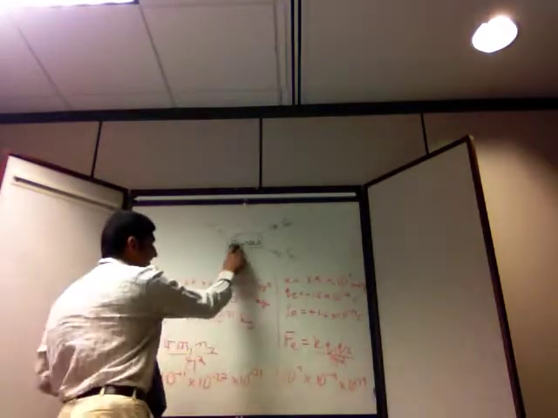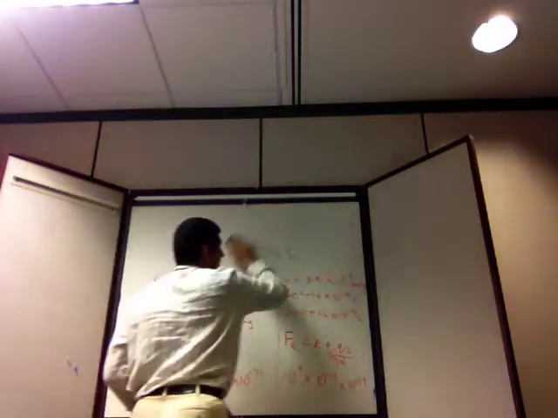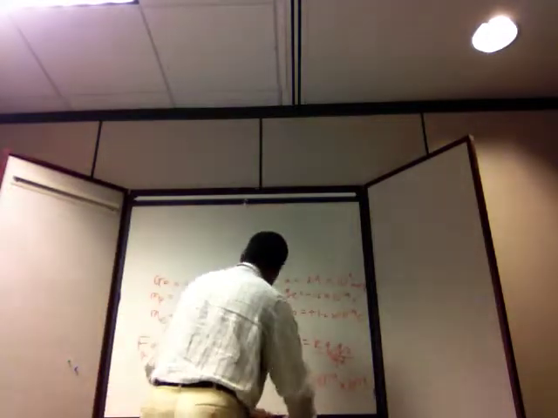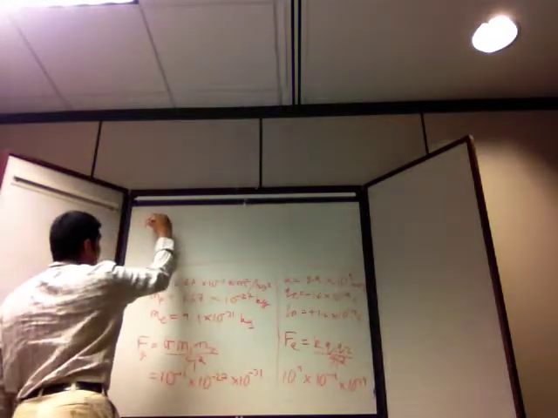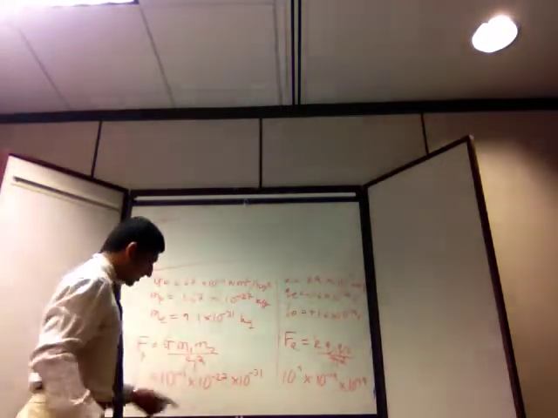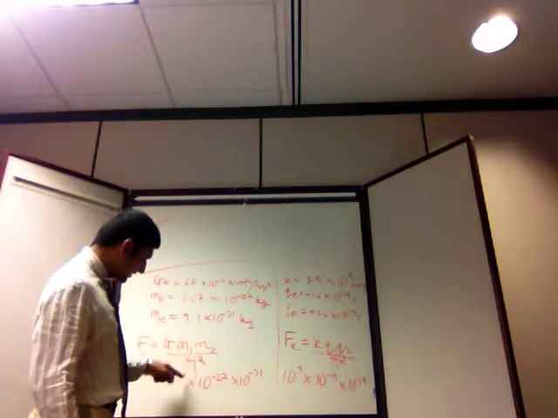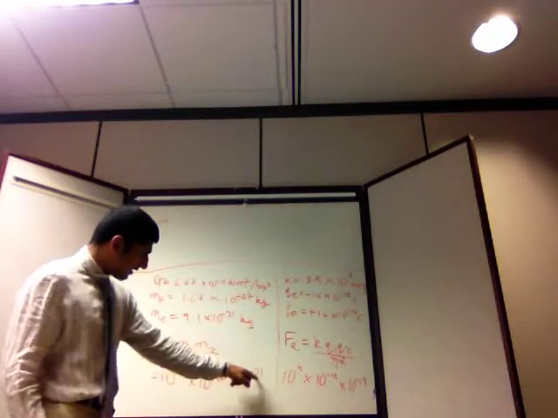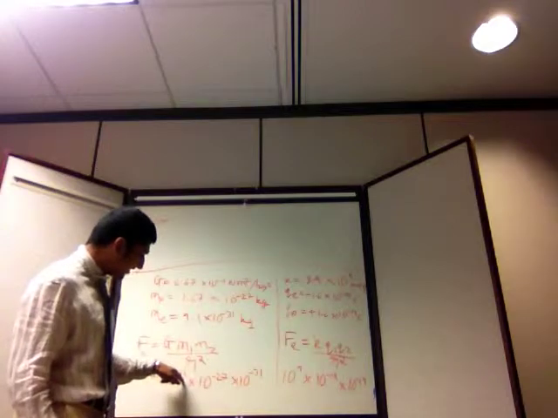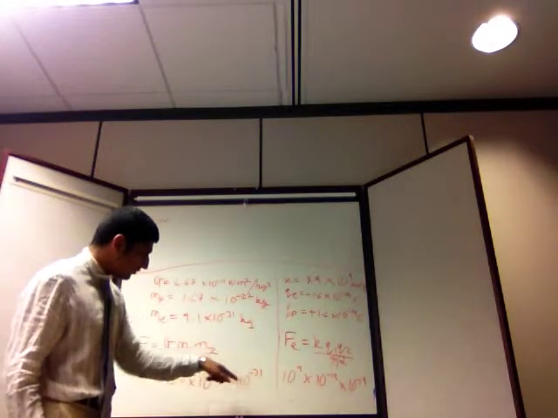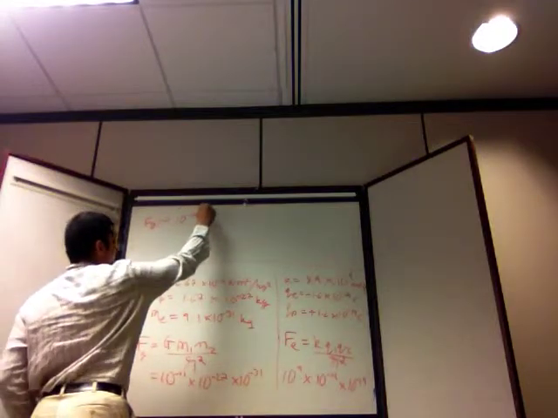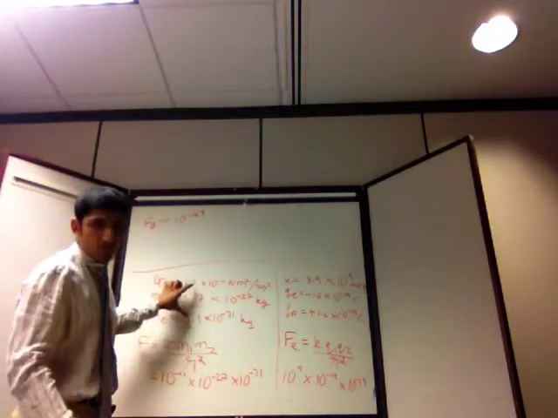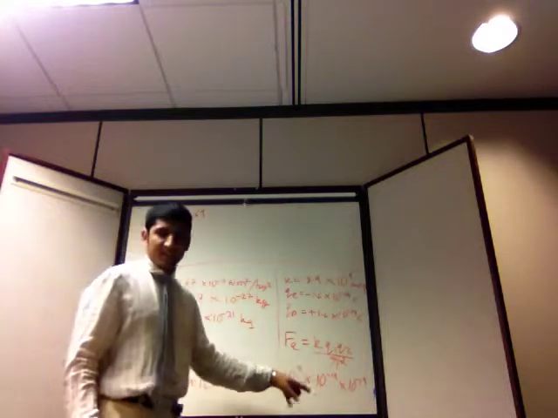So I'm going to erase this little diagram at the top and carry out the calculation up top. So Fg, the force of gravity, is of the order 10 to the negative 69, from negative 11 minus 27 minus 31 is negative 69. Notice we've forgotten about the coefficients, we're just taking the powers of 10.